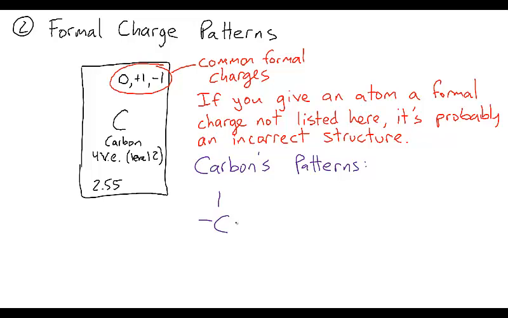And it could be 4 single bonds. It could be carbon with a double bond and 2 single bonds. Could be carbon with 2 double bonds. So anytime it has 4 bonds, 0 formal charge.